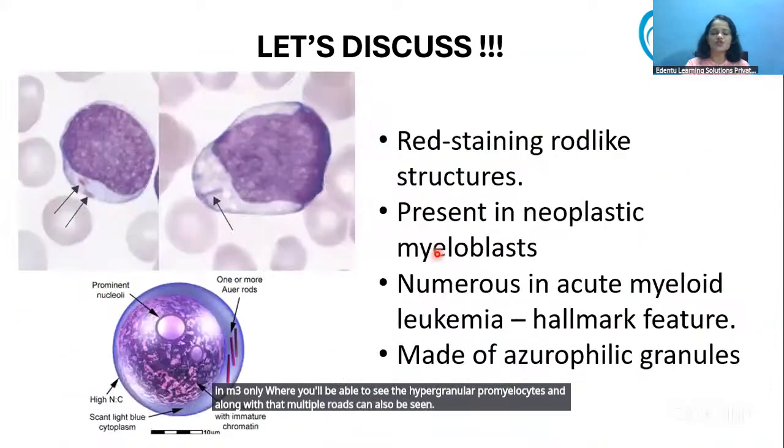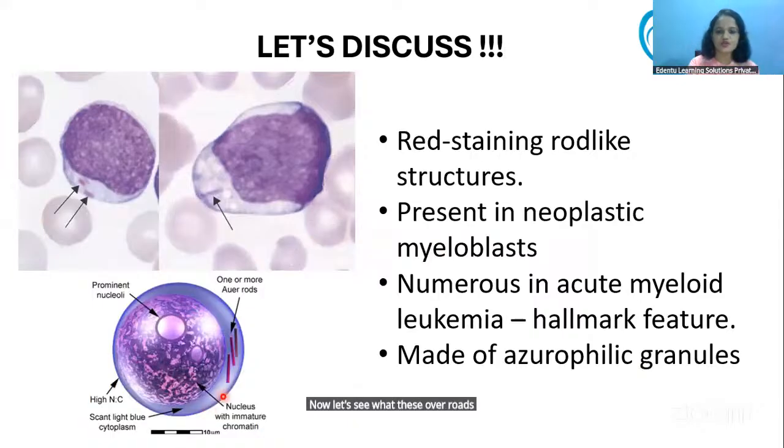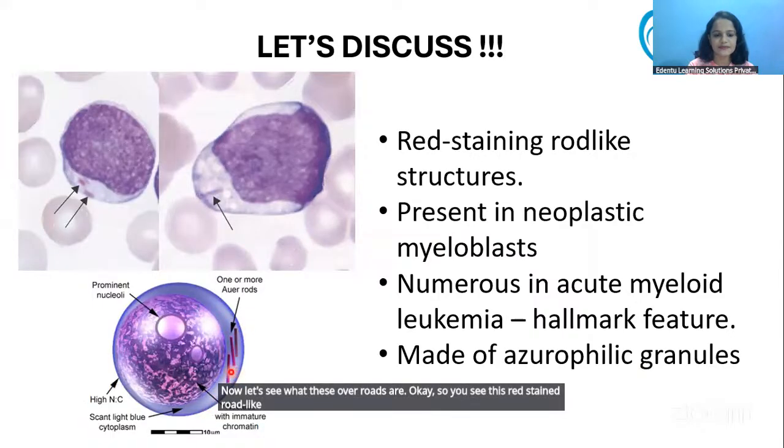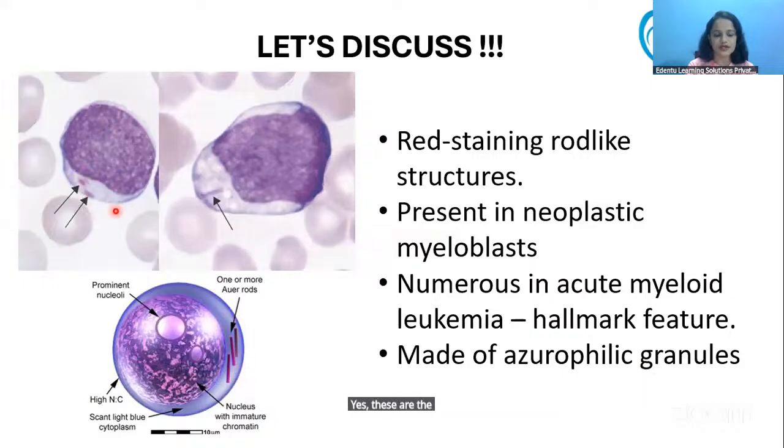Now let's see what these Auer rods are. Okay, so you see these red stained rod-like structures in the cells. Yes, these are the Auer rods. This is a classical blood smear picture: small rod-like red colored stained structures like this. Those are Auer rods.